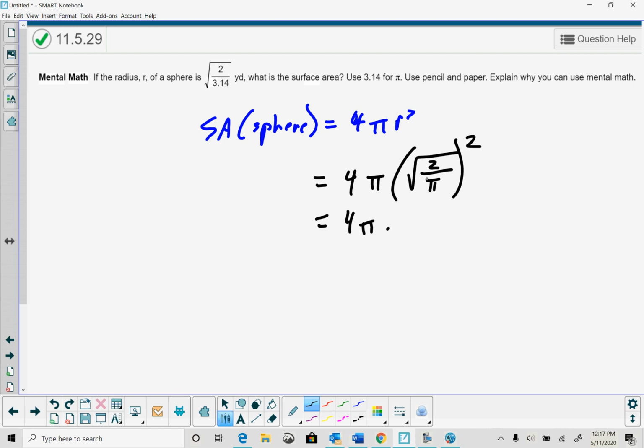So 4 pi times, well, the square root squared, those are inverse operations. So that'll give me 2 over pi, times 4 pi over 1, I can reduce those. 2 times 4, it's 8 square yards.